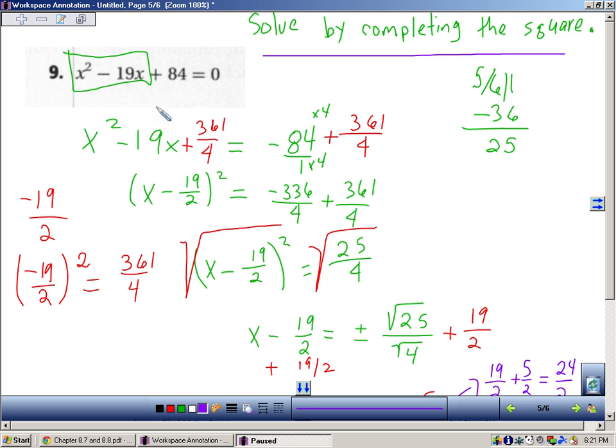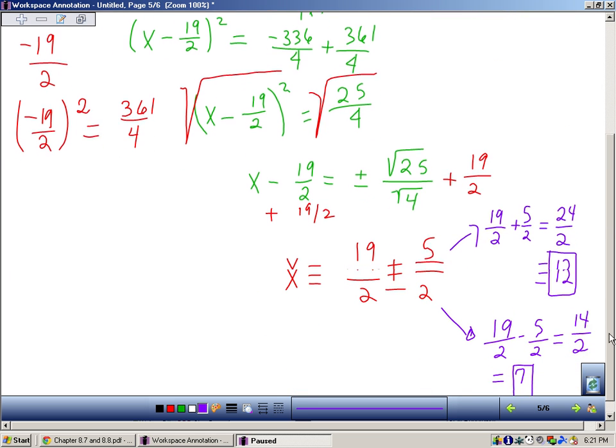I'm assuming it was. I have to check it, but again, we're just using different techniques. So we have 3 techniques now. We can either solve by factoring, we can solve by using square roots, we could solve by completing the square so that we could use square roots. So there are 3 different strategies that we've just discussed.